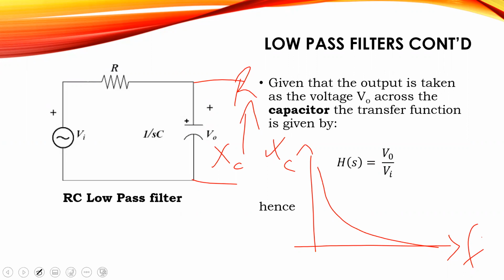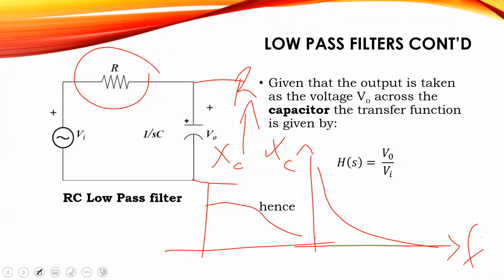But as the frequency increases, that voltage would fall off and we'll see more of it across R. So the output of this circuit would also look like that, giving us a low pass filter.